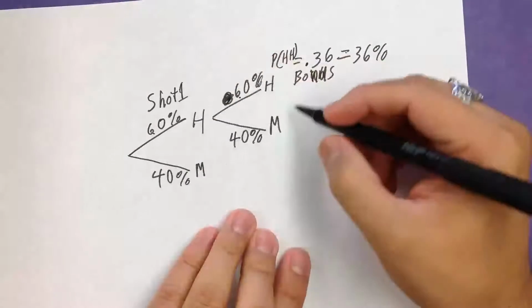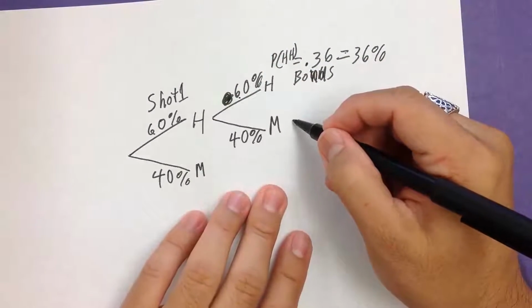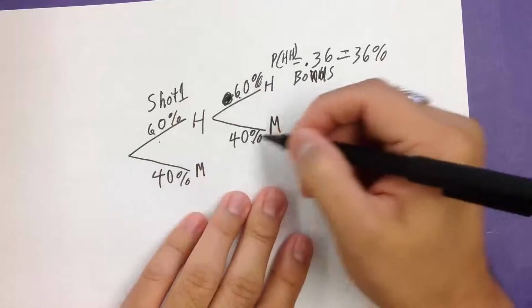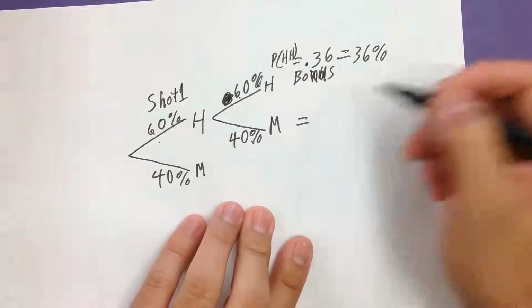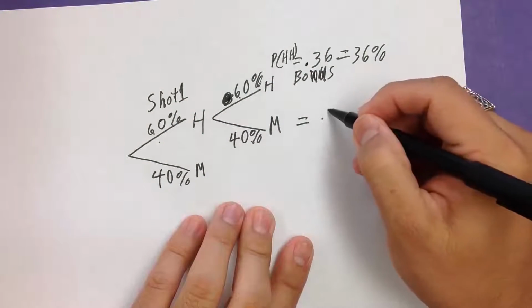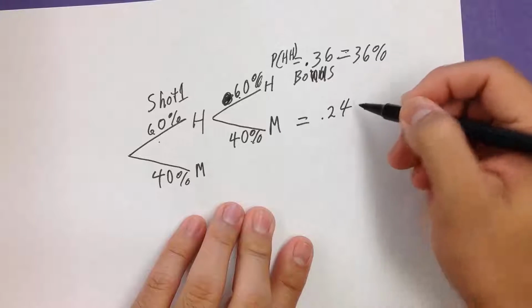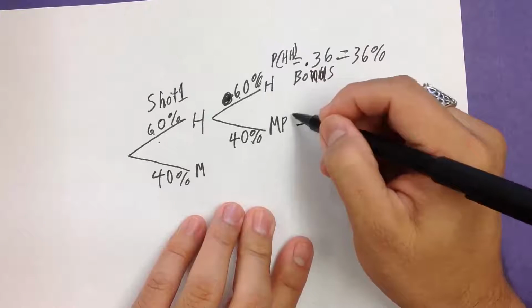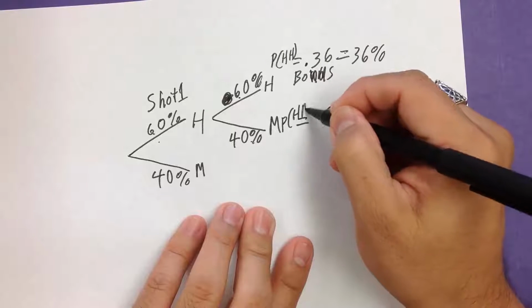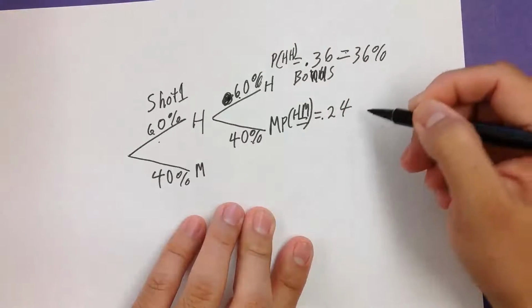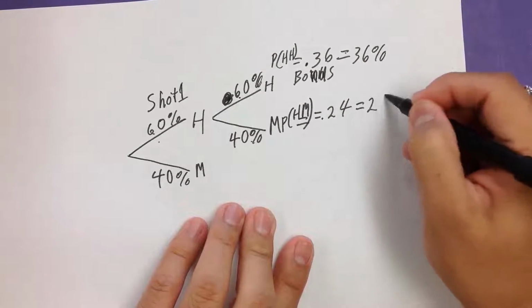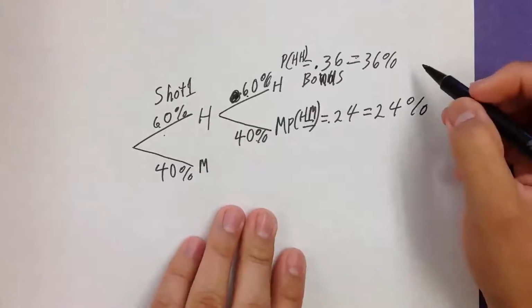Now, the percentage of her missing it is a little bit different. 0.6 times 0.4, that's going to be equal to 0.24. So this is a probability of her hitting it and then missing it. 0.24, which is equal to 24%.